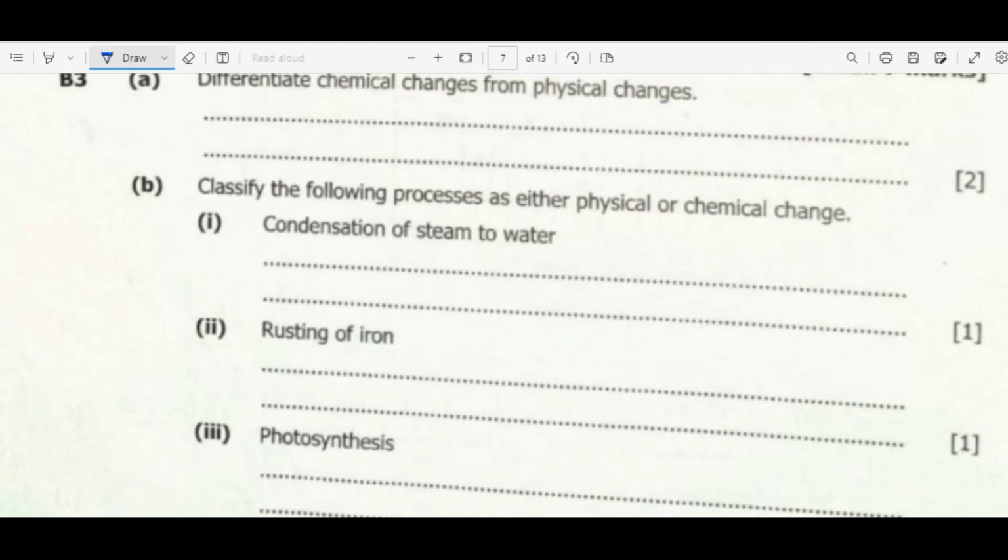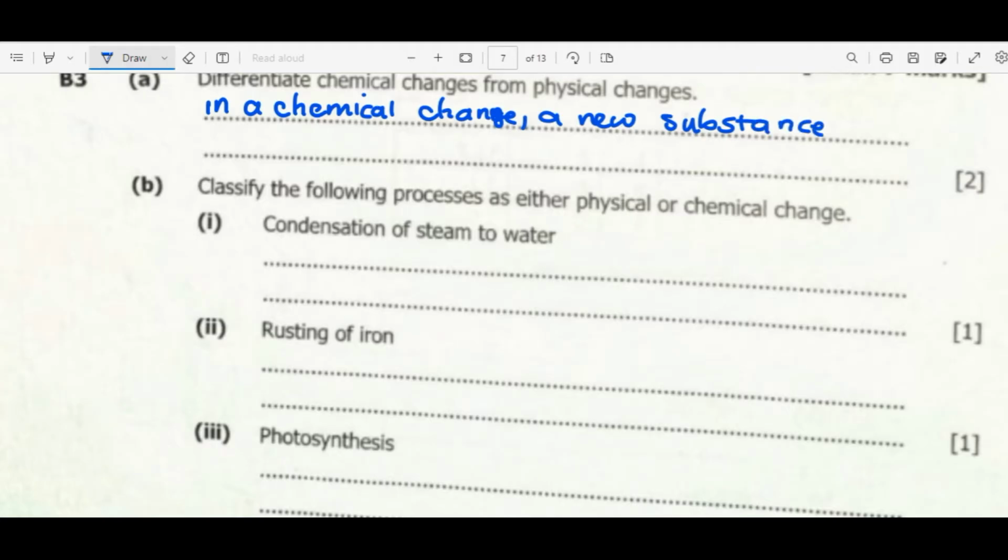So say in a chemical change, a new substance is formed. So that is the key here, it is about the forming of a new substance.